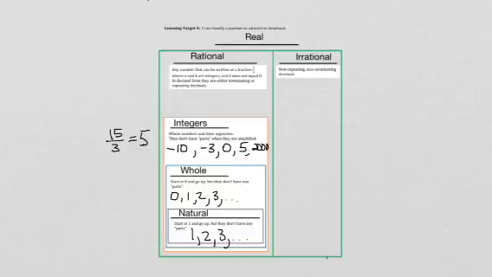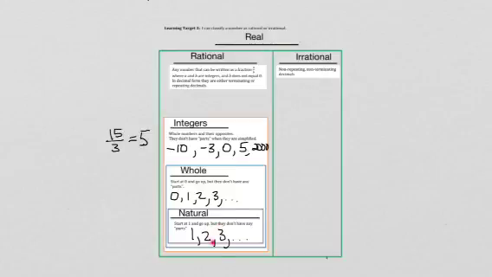So what you need to know is that when we talk about numbers in this class, the numbers will be in one of two categories. They will either be rational numbers or irrational numbers. If it's a rational number, again, it could be an integer, a whole number, or a natural number.